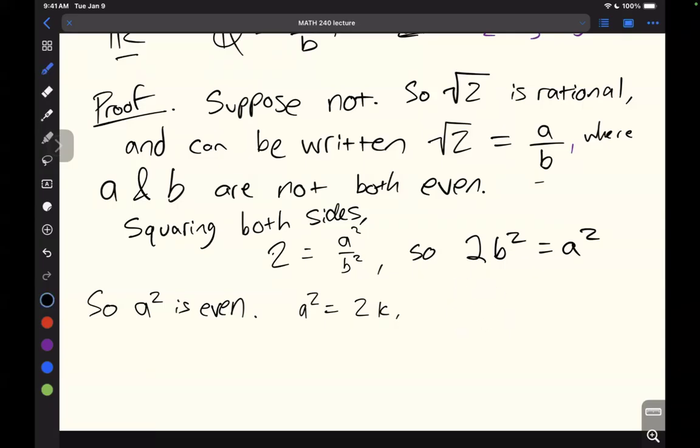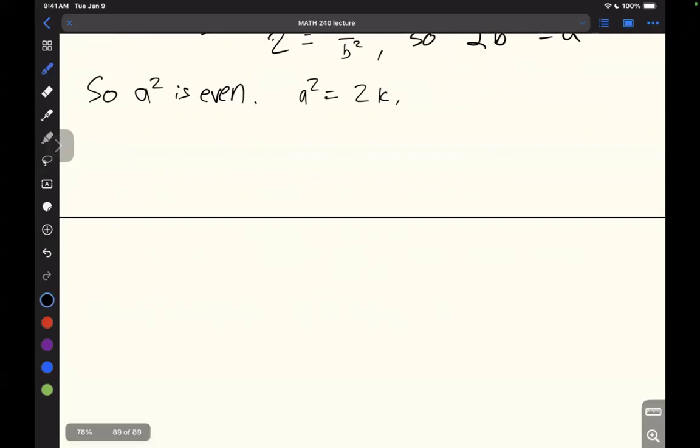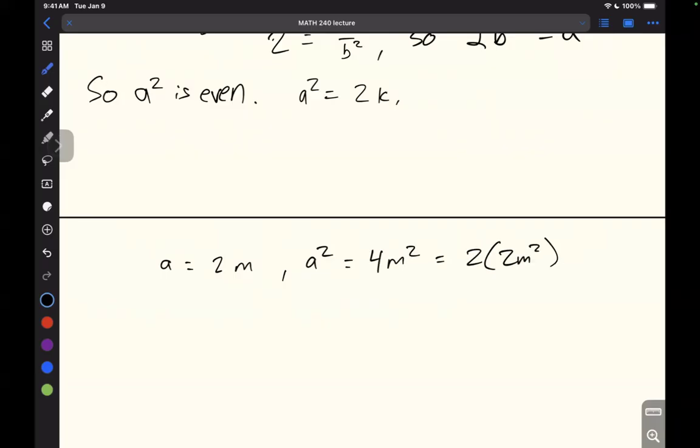So let's prove that maybe really quickly. So if we've got a number a, let's use a number m. If a is 2m, a squared is 4m squared, which is 2 times 2m squared. So if a is even, then a squared is even.